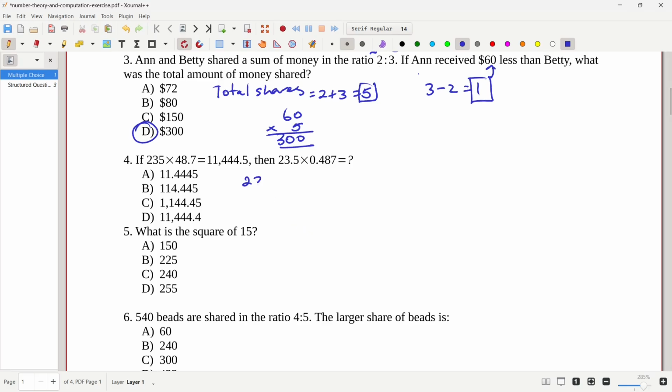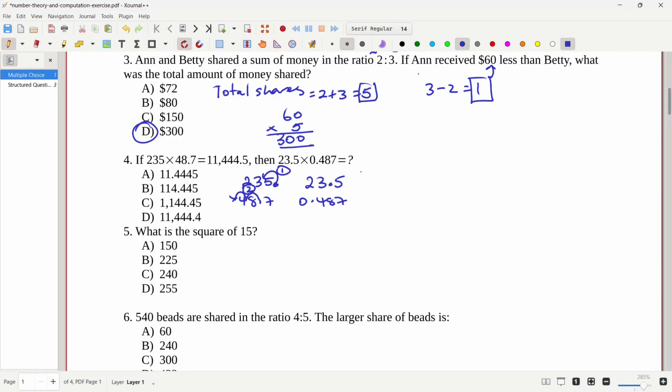Looking at 235 and 23.5, to get these to match, we shift the decimal point one place to the left. Then we look at the next number, 48.7, and 0.487. To get those to match, we move the decimal point 2 places to the left as well.